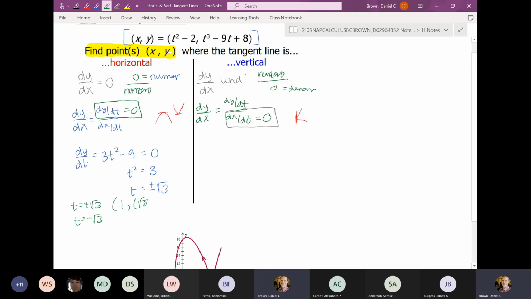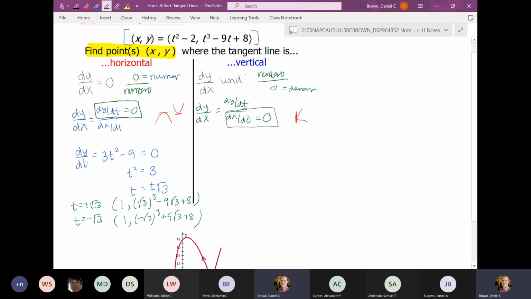I have the square root of 3 cubed minus 9 times the square root of 3 plus 8, whatever that is. I'm not going to bother to simplify it. Plugging in negative square root of 3, we still get 1. Negative square root of 3 cubed becomes plus 9 square root of 3, plus 8. And again, I could simplify that, but I'm going to leave it like that.